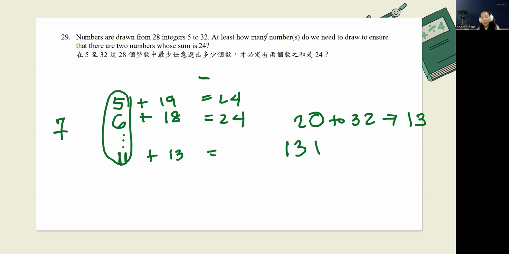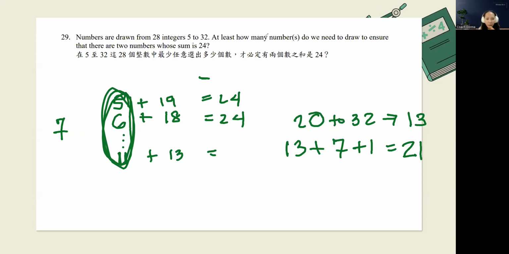So 13 numbers, and then the possibility of drawing the first half of each pair, 13 plus 7. And you'll have to add 1 to that. 13 plus 7 is 20, plus 1, that's 21. All right?